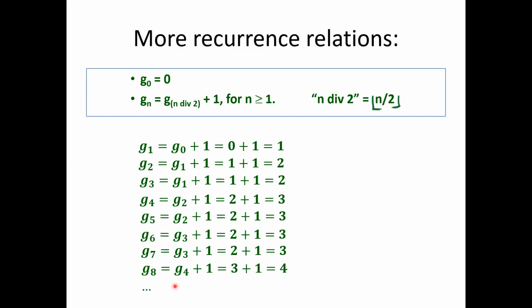So what does this mean? This means that the next batch of 8 values will all be equal to 4. And then the next 16 values will all be equal to 5. Perhaps you can see this now, but this is a very concise way of describing these relations.